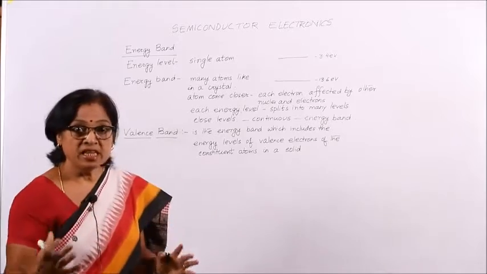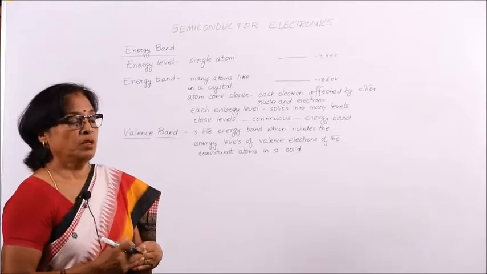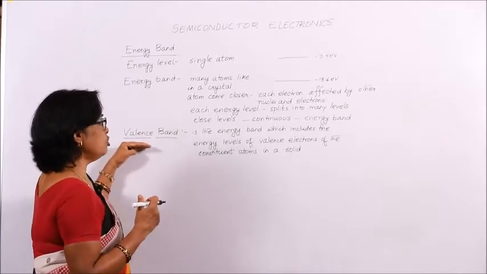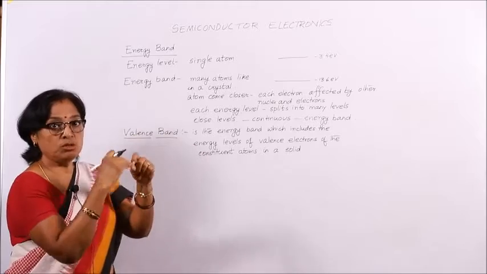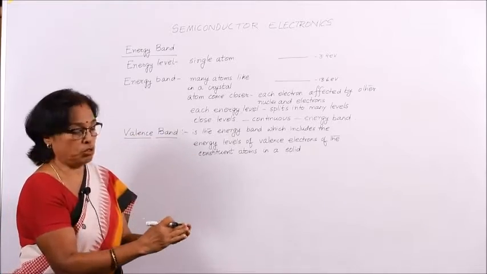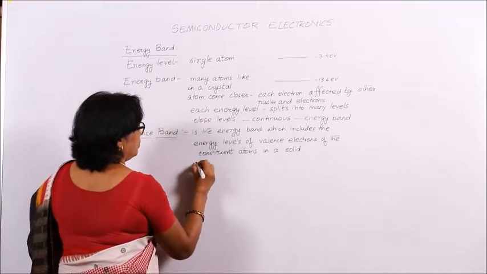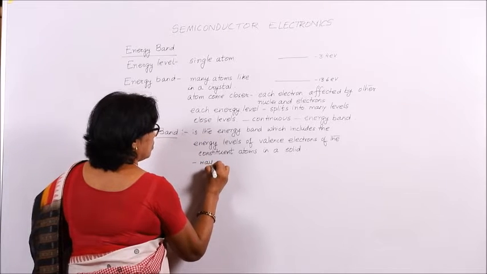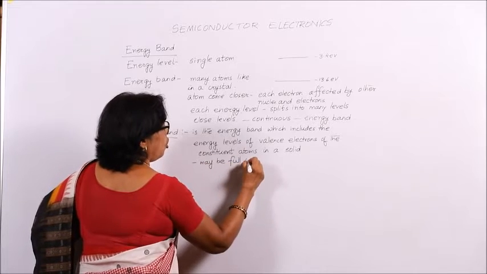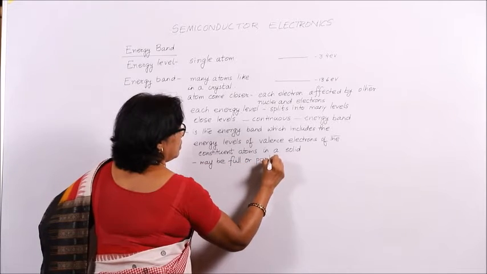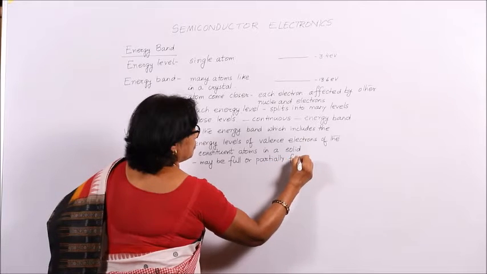So when there are many atoms, you are talking about many energy bands. The valence band is the last band which contains electrons, because those are the outermost electrons. This valence band may be completely full or partially filled.